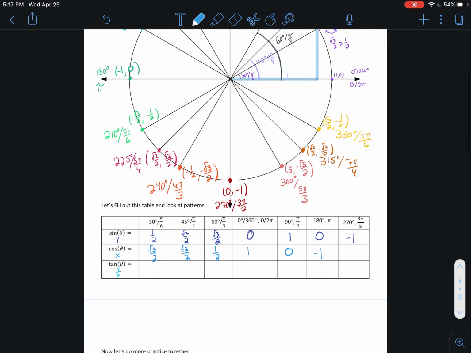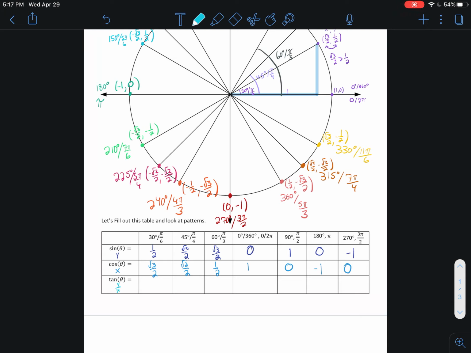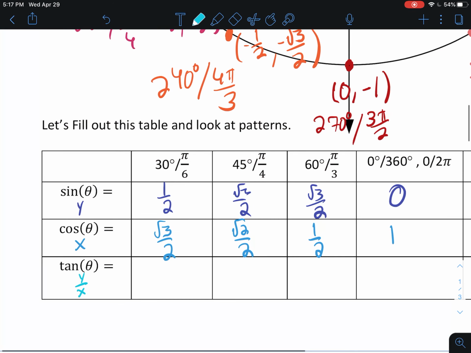Finally, we're going to look at our tangents. So tangent is y over x. And these can be a little bit difficult to start with, but the number that we box is going to be a number that you should probably memorize just so you don't have to keep going through the same steps over and over and over. So the tangent at 30 degrees, y over x, gives us 1/2 over radical 3 over 2.